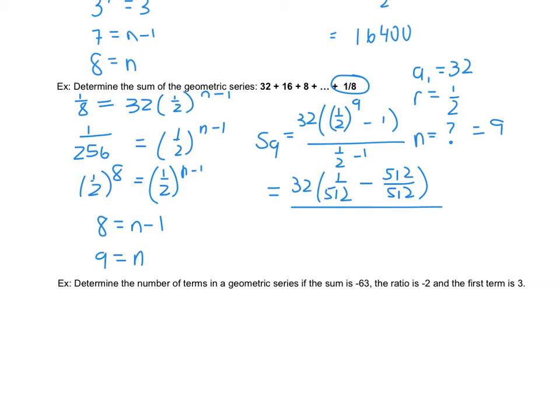All over, a half minus 1 is negative a half. And then 1 over 512 subtract 512 over 512 is negative 511 over 512.